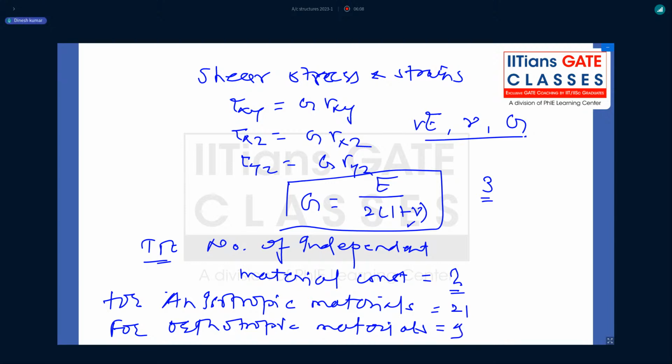Very good. Now for monoclinic material in composites, how many material constants? It will be 13, right? These are the things you can remember and answer quickly if asked in the GATE exam.